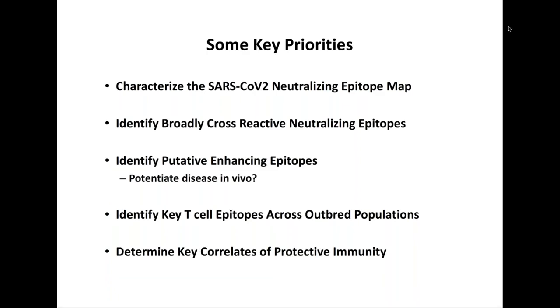Stan Perlman has identified T-cell epitopes in SARS and in mice, but we probably need to do more broad-based screening of infected individuals to get a much more precise map of the T-cell epitopes that span the SARS-2 genome and proteome, and of course determine key correlates of protective immunity. Next slide.